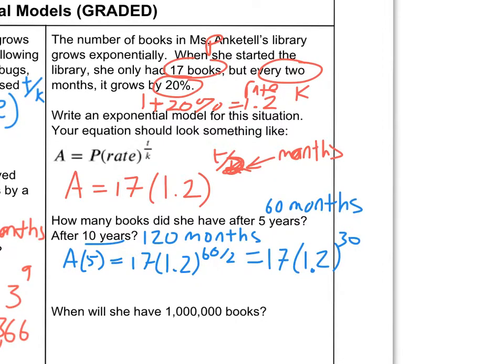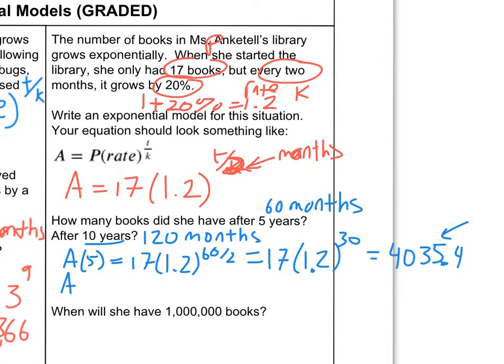And if you don't have a calculator, I'm totally fine with you leaving that like that, although it's a little bit more challenging for me to see what's going on. And I just totally messed this up. There we go. So after 5 years, she has 4,035.4 books. I'm not really sure what that means. Again, these are just models, so we could be talking about somewhere in the neighborhood of 4,035 books.